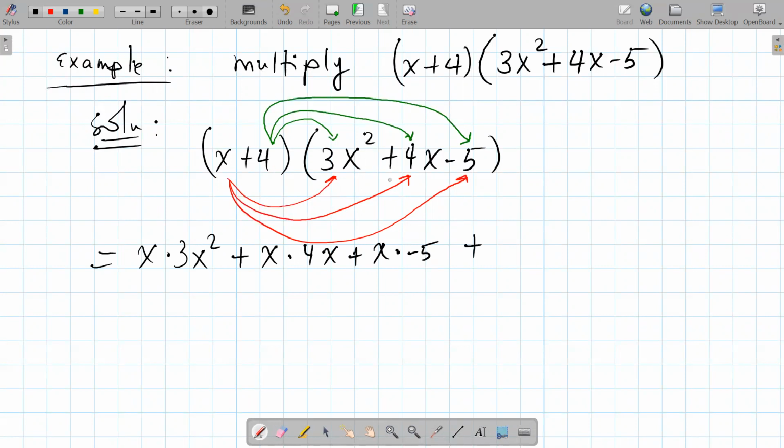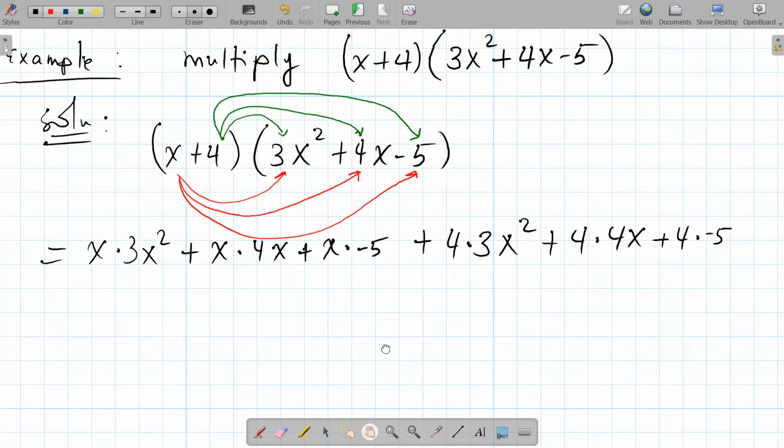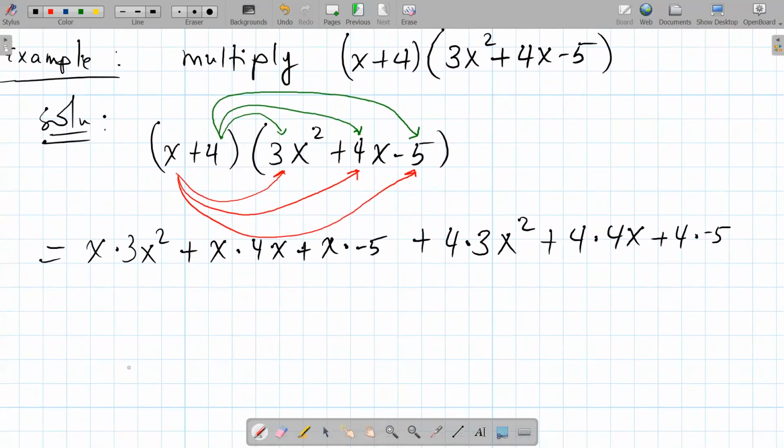The 4 multiplies that. So 4 times 3x², and then 4 times 4x, and then 4 by negative 5. Okay.